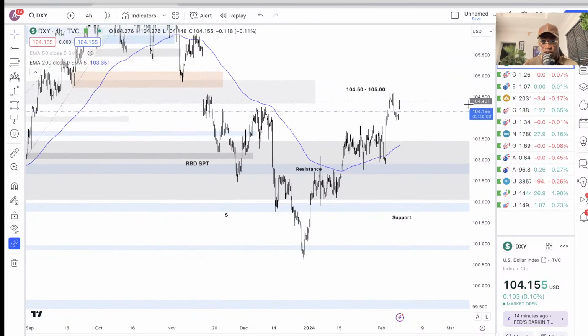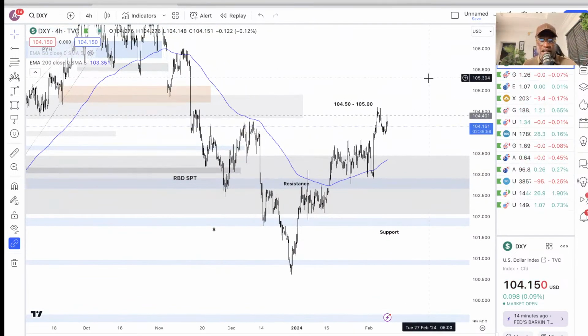All right, I'm going to start with the dollar index. And the reason I like to start with the dollar index is because I trade major currencies: pound dollar, euro dollar, gold, dollar loonie. These are currencies that are impacted by the dollar, right? We're seeing the dollar being paired to these currencies.